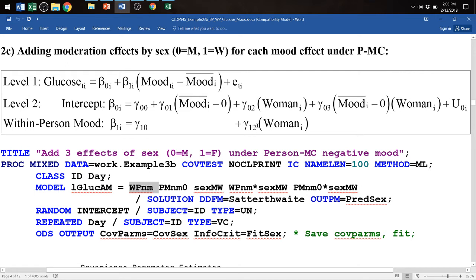I'm pointing at my laptop. That doesn't do you much good. Woman by itself. You're like, huh? We already did the main effect of gender. But this is the interaction term because it's going up to beta 1, which goes up to multiply that. So that's a cross-level interaction between gender and within person negative mood when you fill in for the betas.